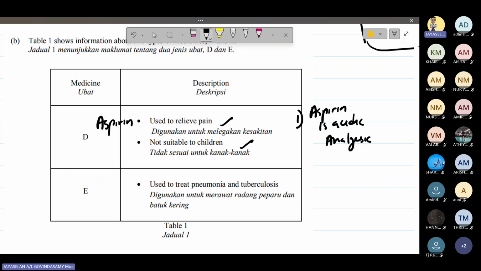Why is it acidic? Because it contains a carboxylic compound in its molecular or structural formula. It also contains ester. It can cause internal bleeding in their small intestine.